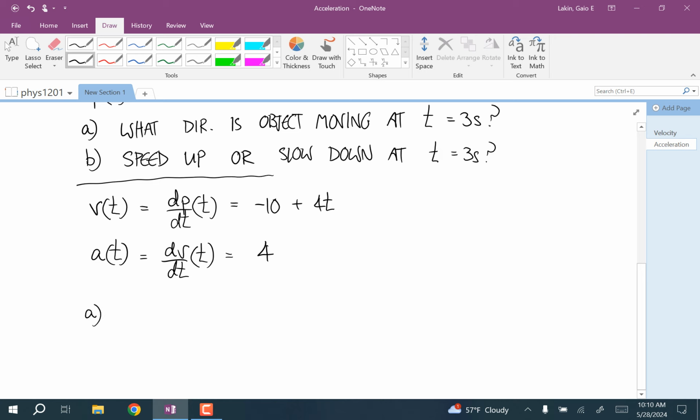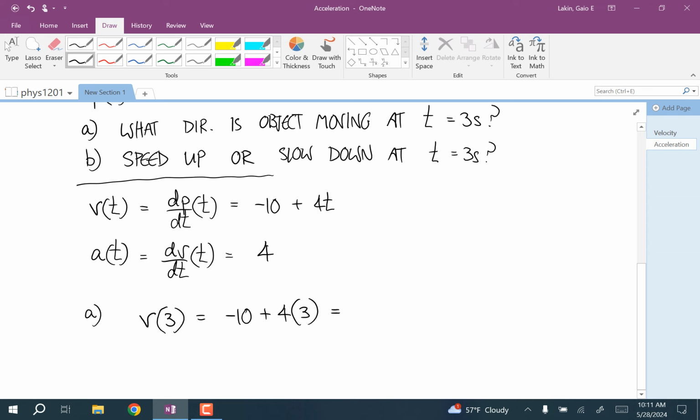So for part A, what direction is the object moving? We're going to plug in 3 seconds to the velocity function. So the velocity when time is equal to 3 seconds is equal to negative 10 plus 4 times 3.